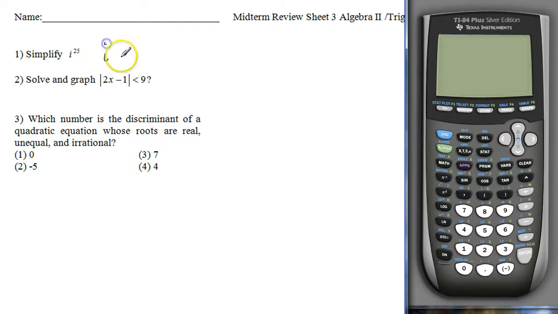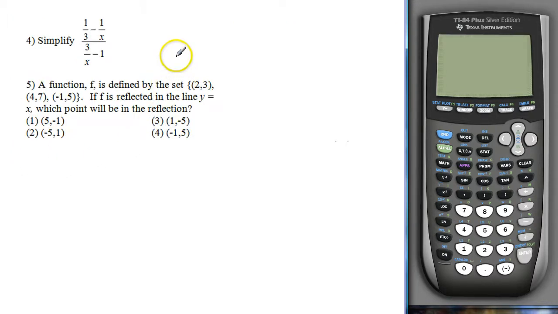The answer is i. Number 2, -4 is less than x less than 5. Number 3 is choice 3. Number 4, -1/3. Number 5 is choice 1.